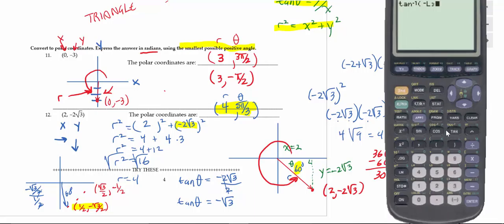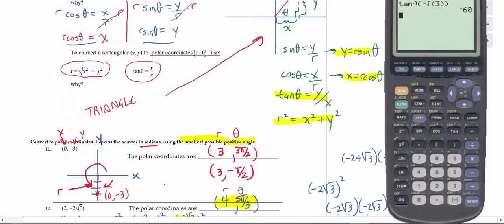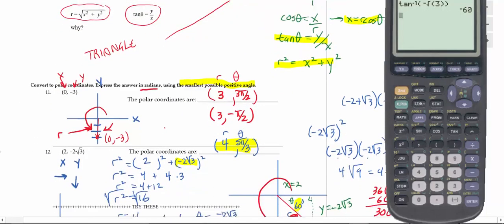And what you're going to find when you do negative square root of 3 is you're going to get a negative angle because of the range of the inverse tangent. So then you realize that the reference angle is positive 60 because the reference angle is always positive. Then you can reason out from there. But don't get too reliant on your calculator. Don't forget how to do the unit circle.